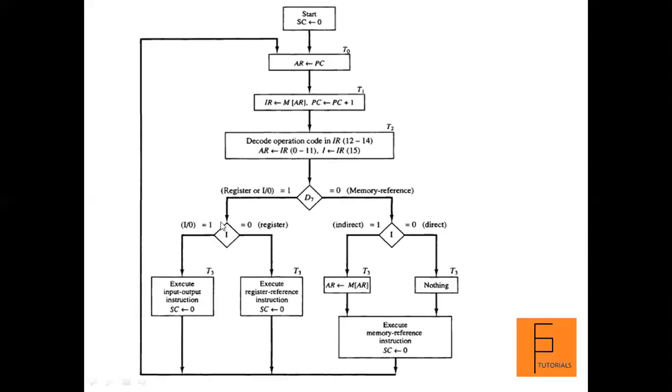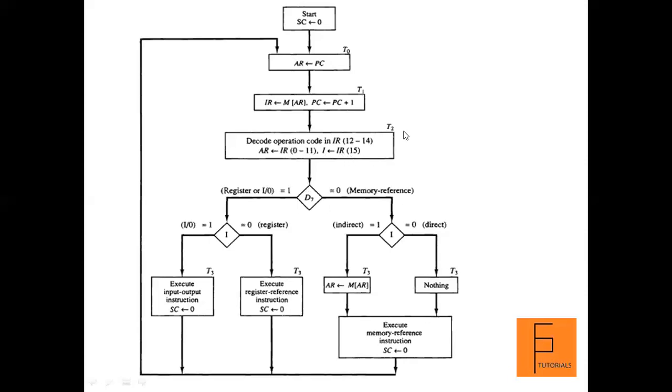If the indirect bit is 1, it will be considered an input output instruction. If the indirect bit is 0, it will be considered a register reference instruction. Whichever is the case, at T3 you will simply execute your input output instruction or your register reference instruction, and you will set the sequence counter to 0 so that the execution of the next instruction can begin.